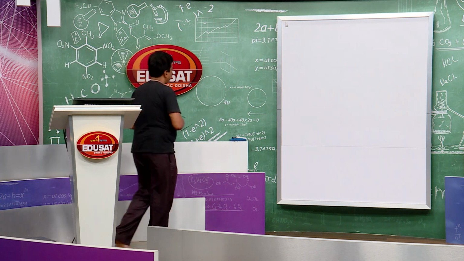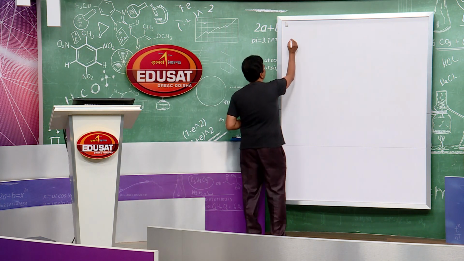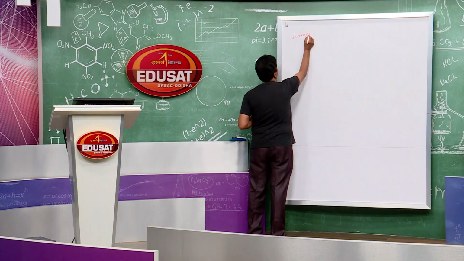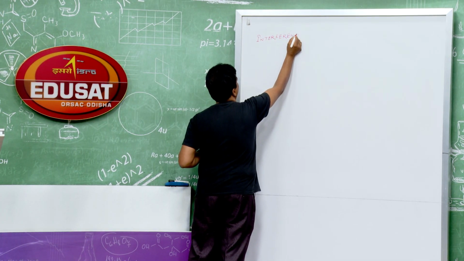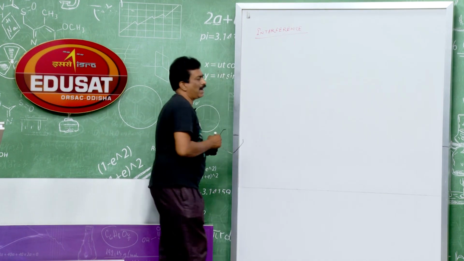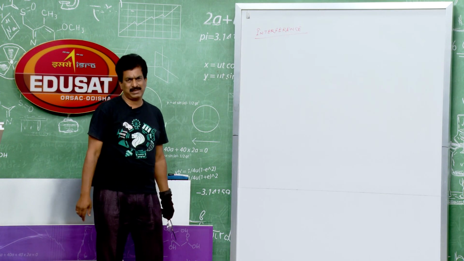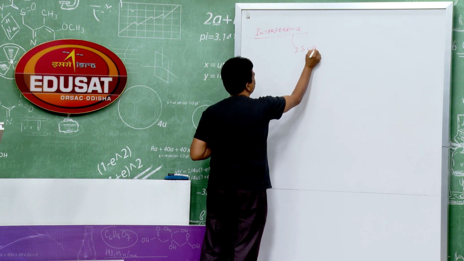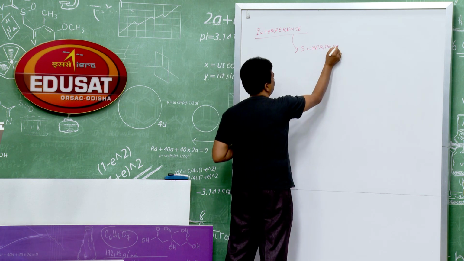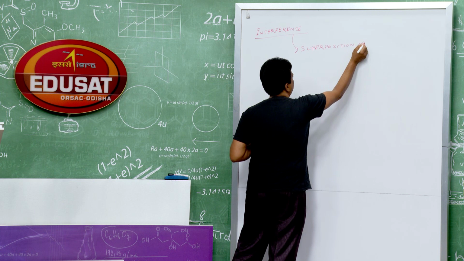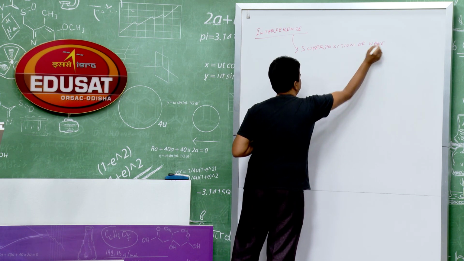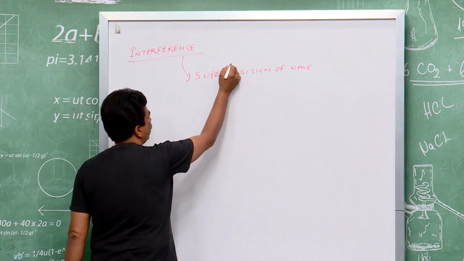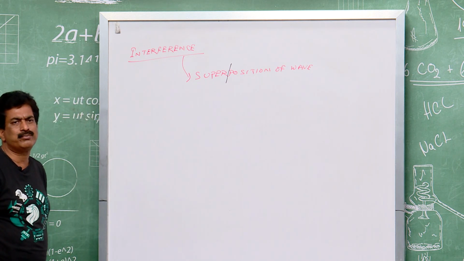The name interference you know from class 11th. Are you just guessing what the meaning of interference is? Interference is the superposition of waves. Superposition is also a combination of two words: super and imposition.